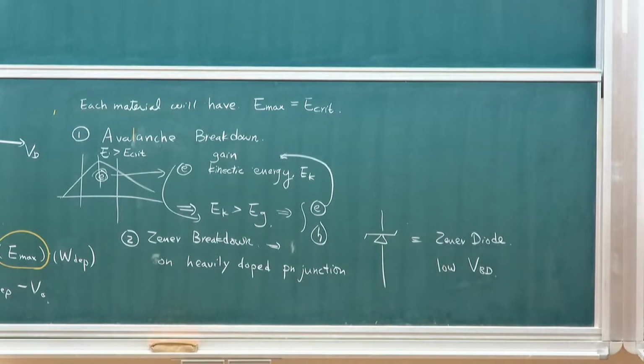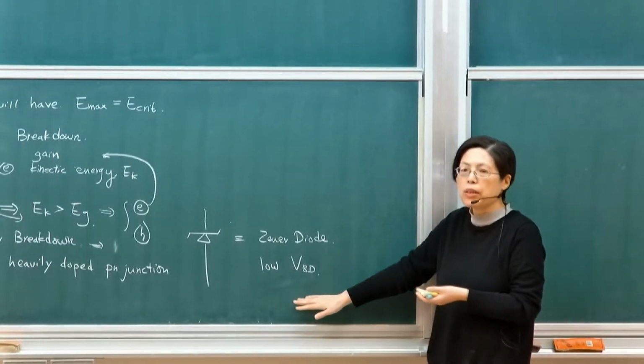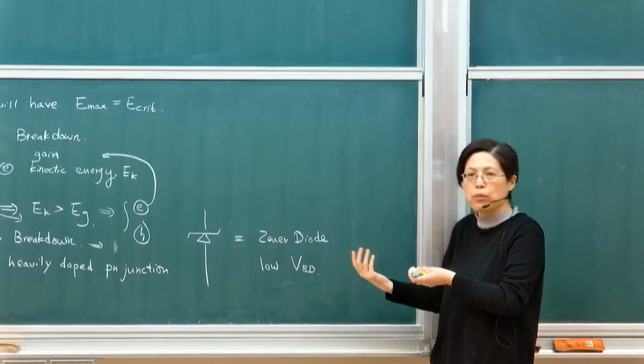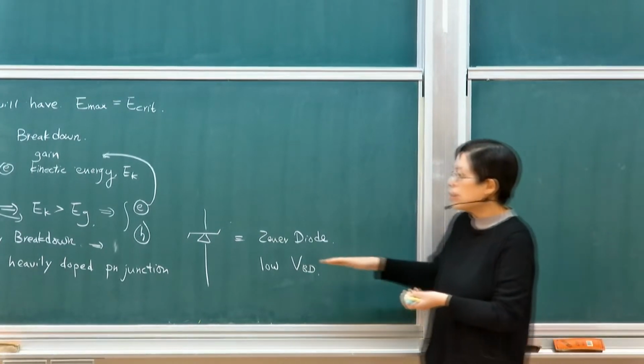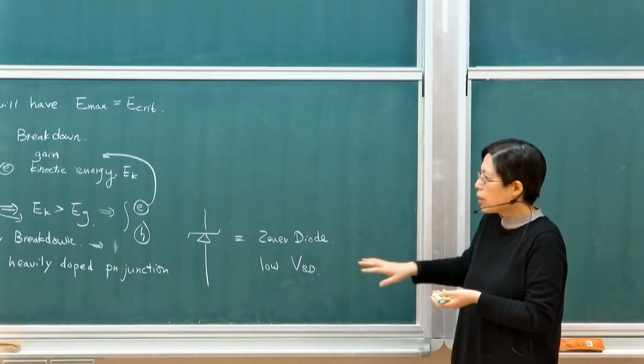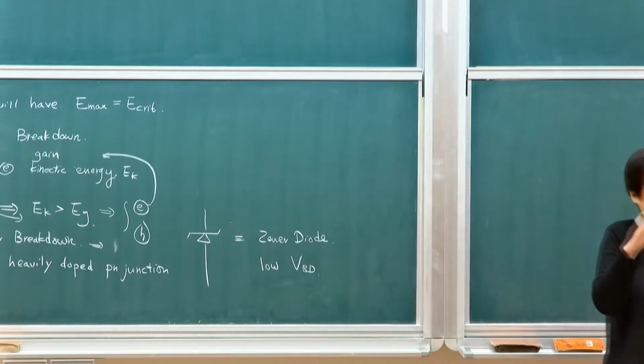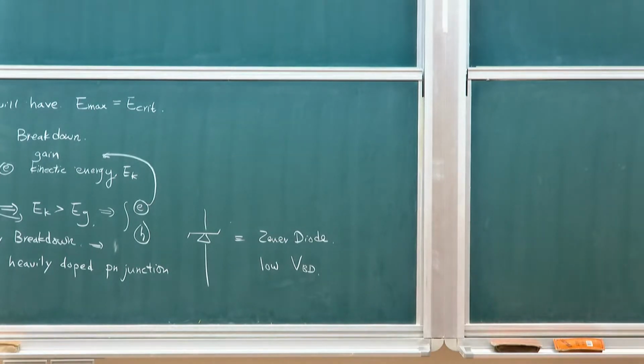This is mainly for when you want it to break down at a particular voltage. So this is a special kind of diode which operates in reverse bias mode, allowing the breakdown to happen at a lower voltage. But we're not going to talk about the mechanism unless you know the band structure, otherwise it will be very hard to explain.